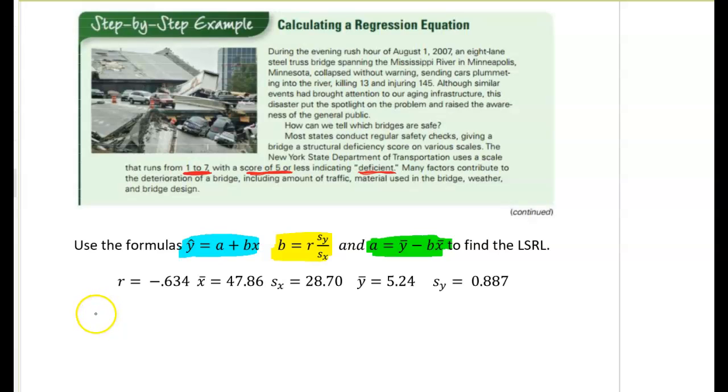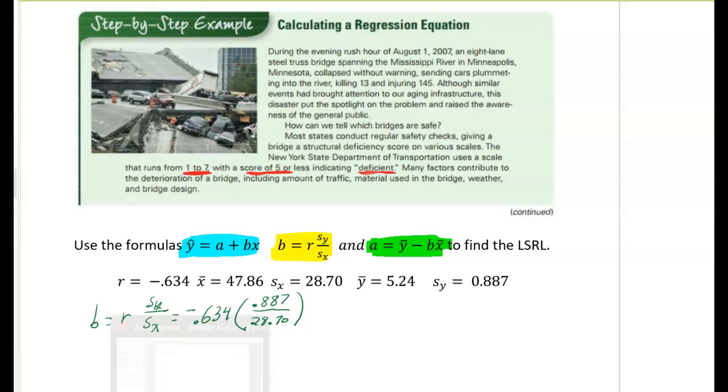So the value of the slope, b, is r times the standard deviation of y over the standard deviation of x. On my calculator, I'm going to type negative 0.634 times 0.887 and divide by 28.70.